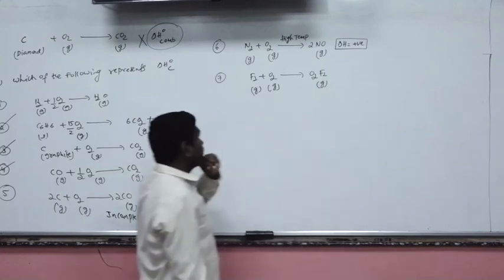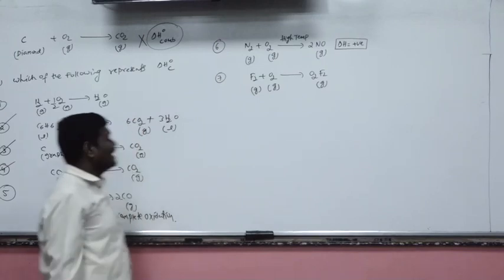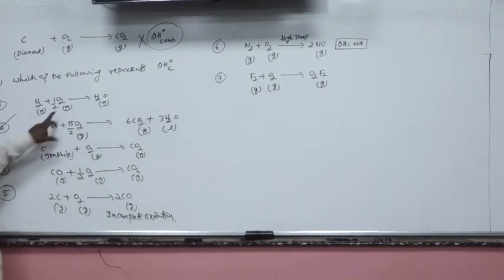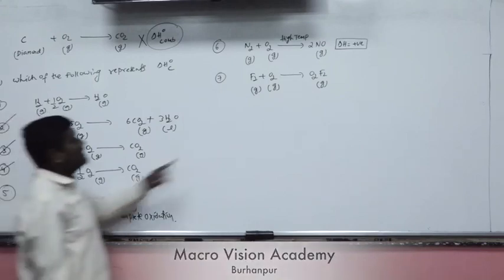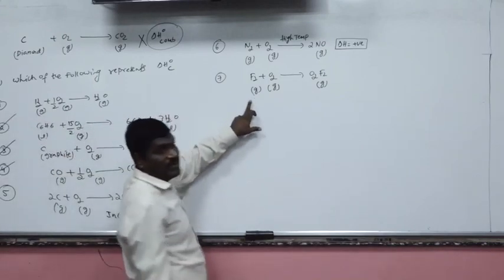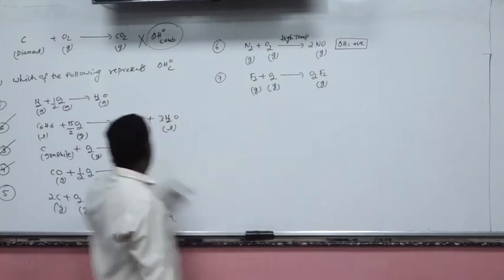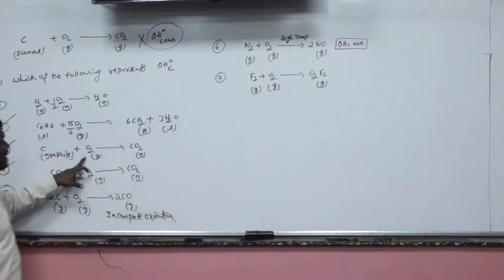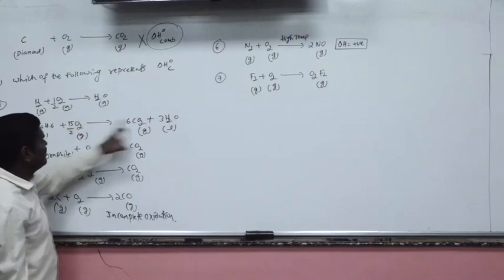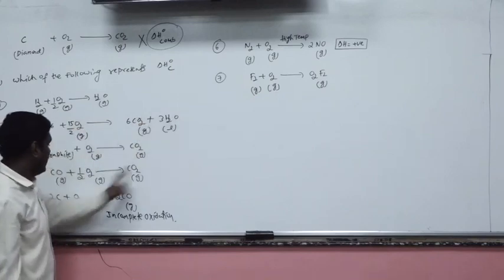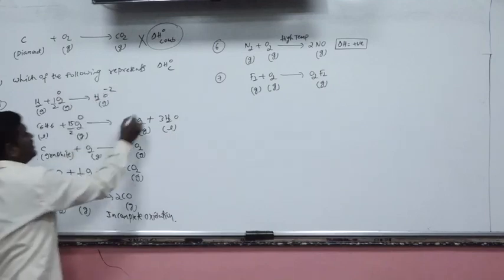Now come to O2 plus F2. It is also not combustion. In combustion, oxygen acts as an oxidizing agent, isn't it? But here the oxidizing agent is fluorine, because fluorine is the most electronegative as compared to oxygen. In all these situations, the oxygen oxidation number decreases from 0 to -2.